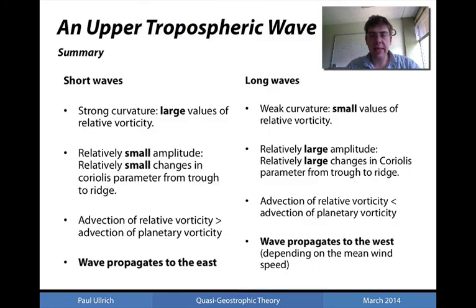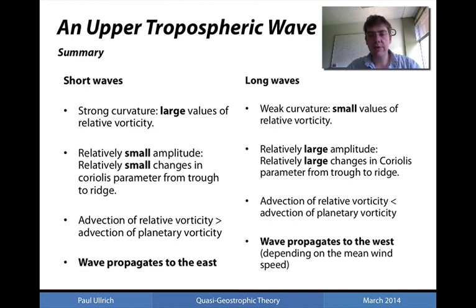Here we have a tabulated summary of short waves versus long waves. Short waves typically have strong curvature and hence large values of relative vorticity. This leads to emphasis of relative vorticity advection. They have relatively small amplitude, associated with relatively small changes in the Coriolis parameter from trough to ridge, and hence in this case advection of relative vorticity is larger than advection of planetary vorticity, and short waves will propagate eastwards.